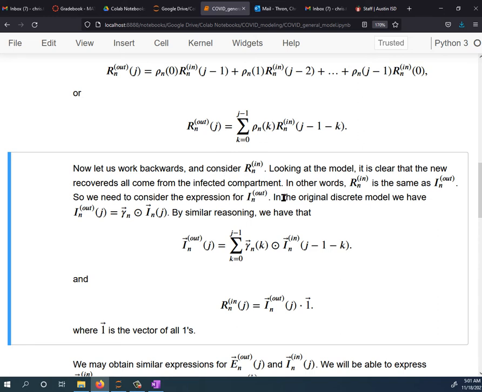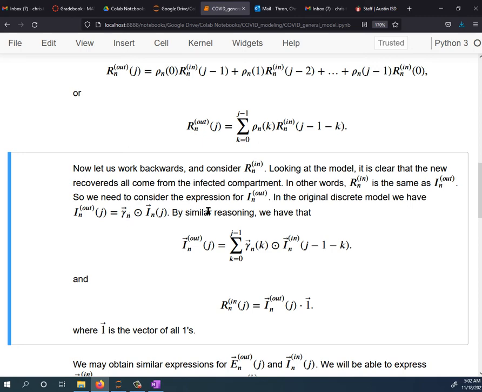Okay? In the original discrete model, we had I out of J is equal to gamma n times I n of J, where gamma n was a fixed number. Now we're going to have to change this gamma n into a function.